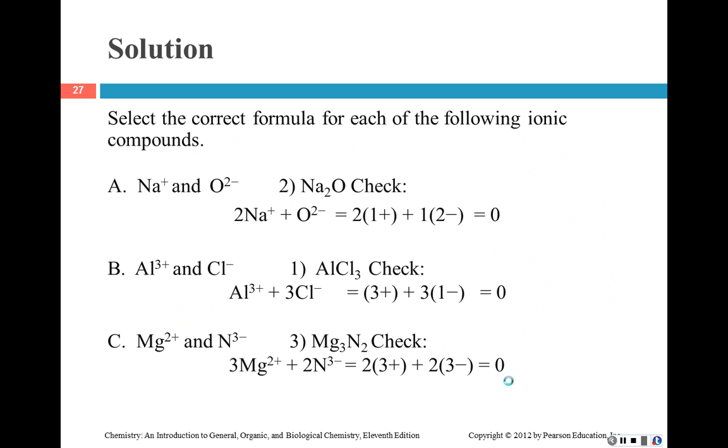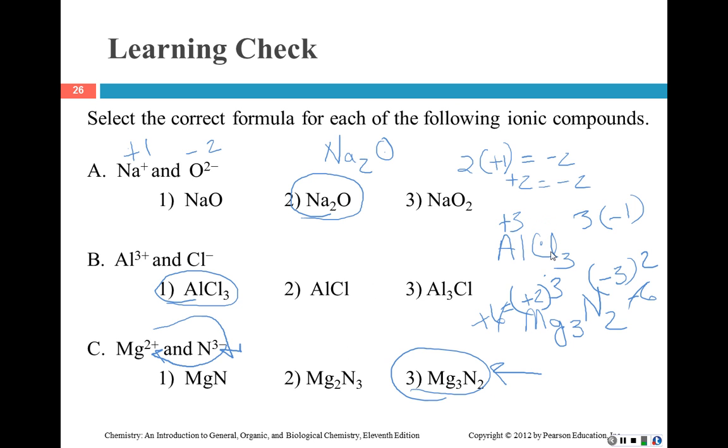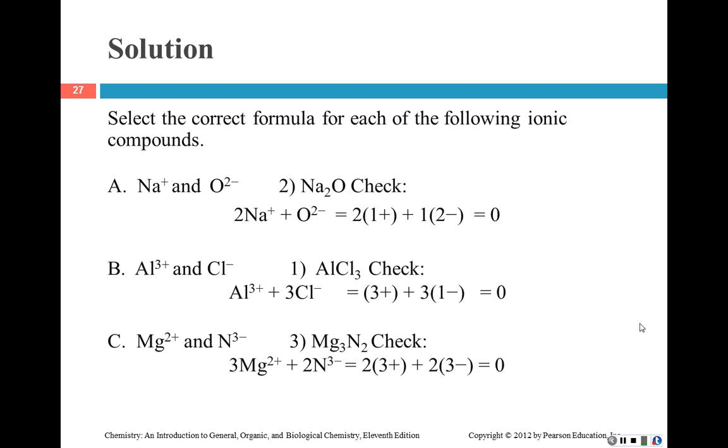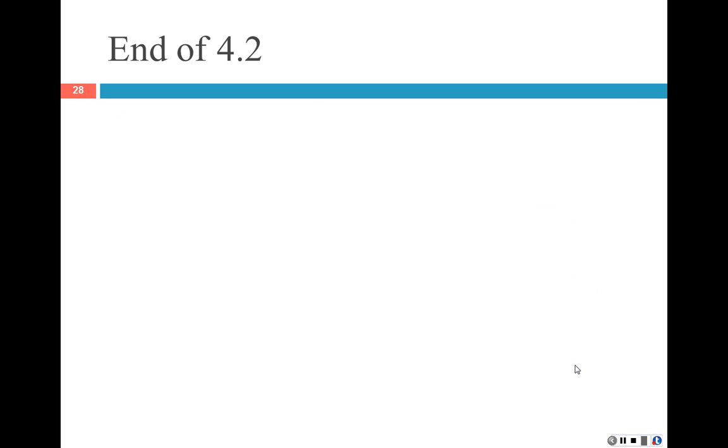And so I've left in the solutions from the book, and they're going to show you how those charges actually work. Okay, so the Na2O, the AlCl3, and the Mg3N2. Remember, if this goes too fast for you, just rewind it a little bit, or you can slow me down or speed me up if you have got this. And so that's the end of 4.2.